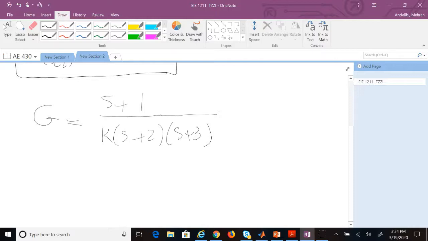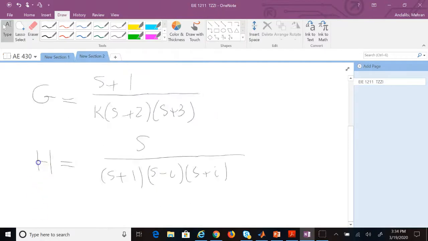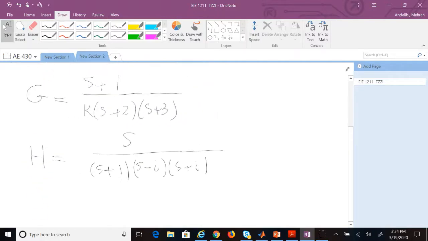And H is equal to s divided by (s plus 1) times (s minus i) times (s plus i). Okay, that's good enough. So let me show you when such a thing happens.